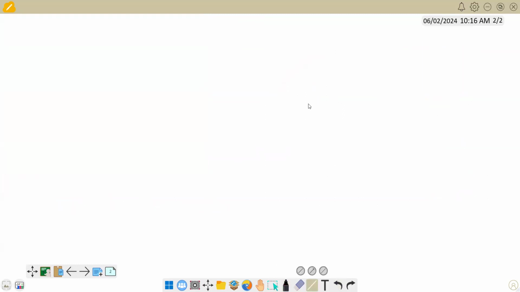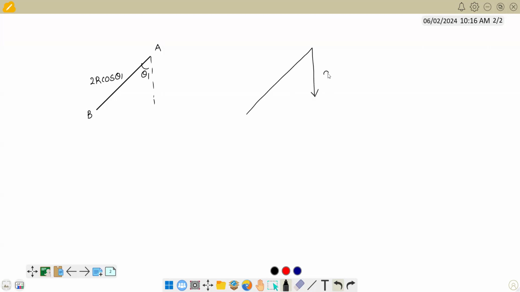Now, the importance of the circle is completed. A body is sliding from A to B, and we got the length of this as 2R cos theta 1. This angle is theta 1. How are we supposed to find the time taken here? We know gravity acts downward and the acceleration due to gravity is g in this direction.